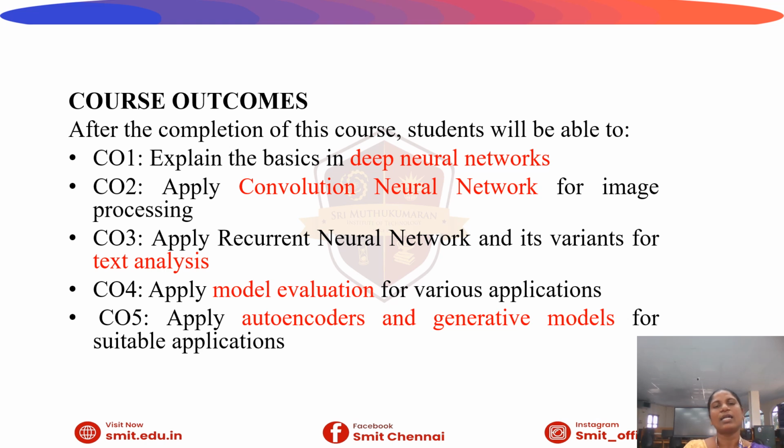It's another kind of deep learning network. This recurrent neural network is especially used for text analysis. So in the third unit they are going to learn what RNN is, what the different types in RNN are, how it works, and how that model analyzes the text.